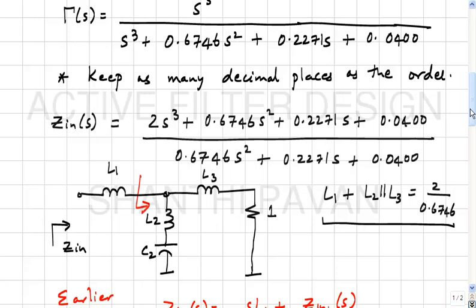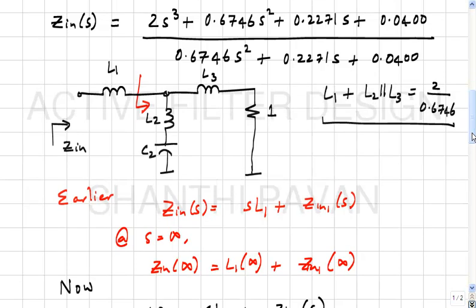of s, and we already know the form of the ladder network that we want. So, we know that, for example, to realize finite zeros, one way to do it is to make sure that the shunt arm becomes a short circuit at the zero frequency, right. Alternatively, the series arm becomes an open circuit at the zero frequency.